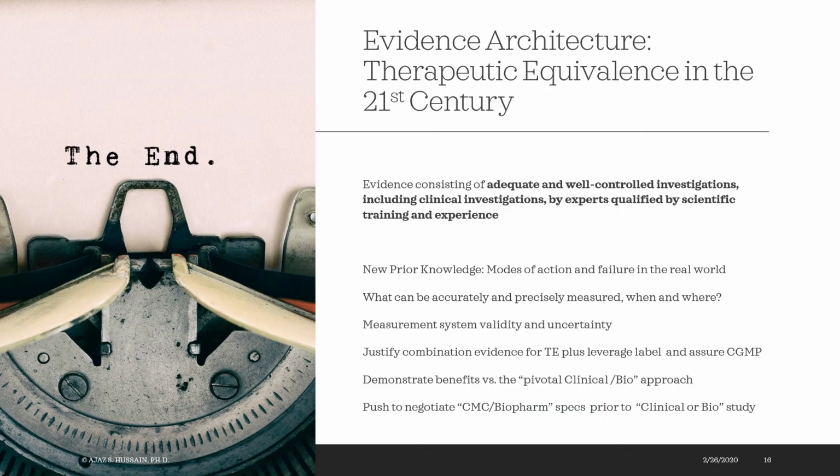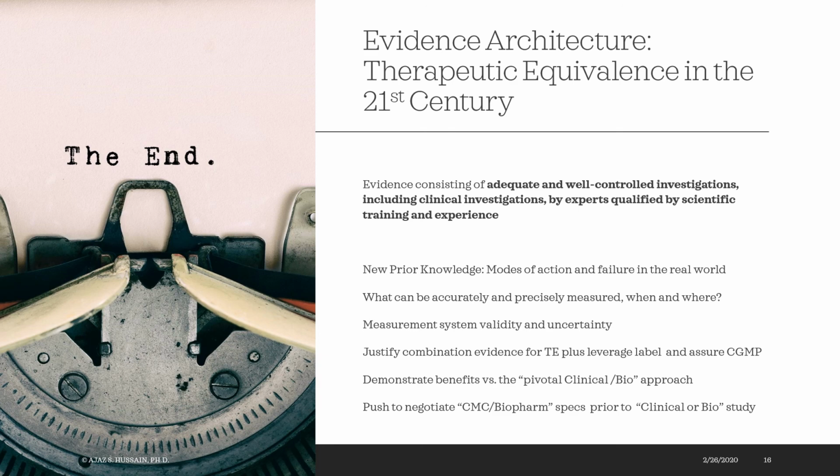The notion of evidence architecture is not new. It was always present in our FD&C Act. It is generating evidence consisting of adequate and well-controlled investigations, including clinical investigations, by experts qualified by scientific training and experience.